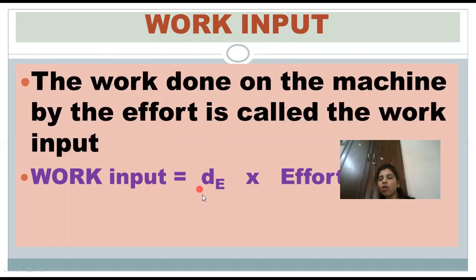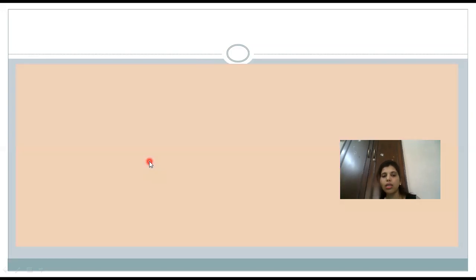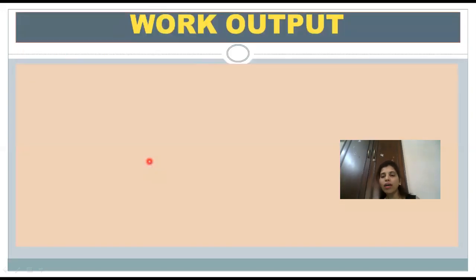So displacement of effort into effort, as you know effort is nothing but force. So DE into effort is going to be work input. Now, you don't have to know the unit. It's going to be work, so joule, but it's not necessary for you to write according to the scope, but as it is work, it's going to be joule.